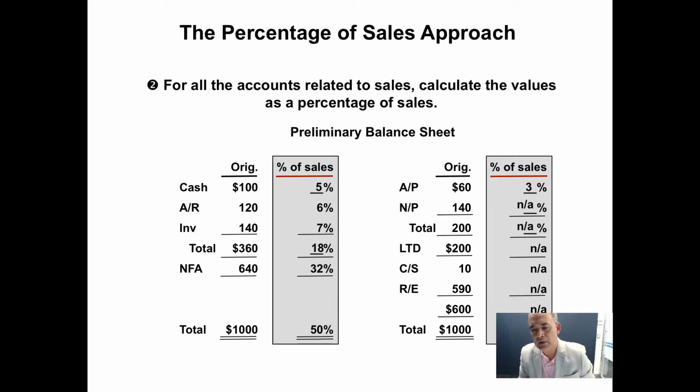And why so? Because we will consider notes payable, long-term debt, and social capital as being plug accounts. What does it mean, plug accounts? I mean accounts that can change depending on our policy as a company. So how much short-term debt we should raise, how much long-term debt, and how much capital we should raise in the way of issuing some stock.